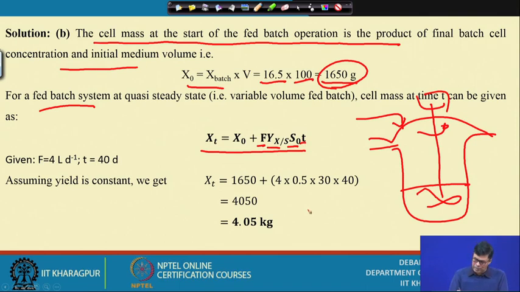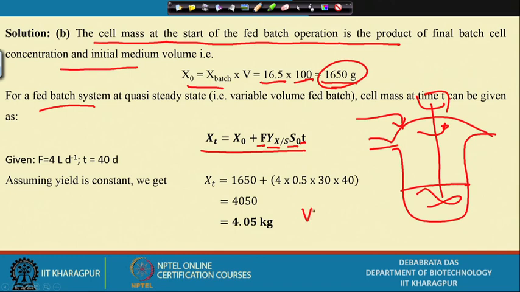What is F? F is the volumetric flow rate, volume per unit time. And S0 is mass per unit volume, so the volume cancels, leaving mass per unit time.